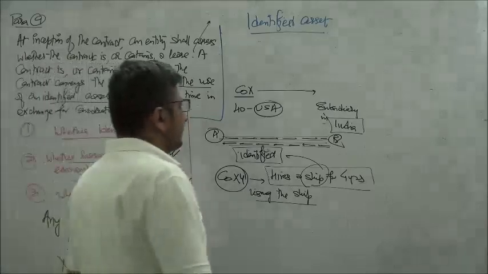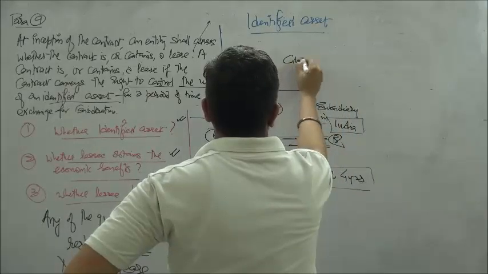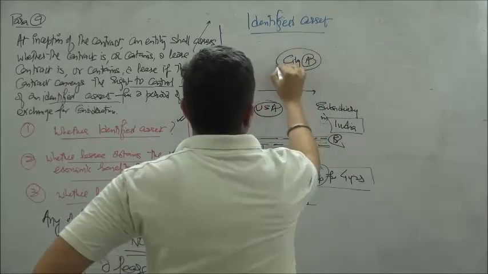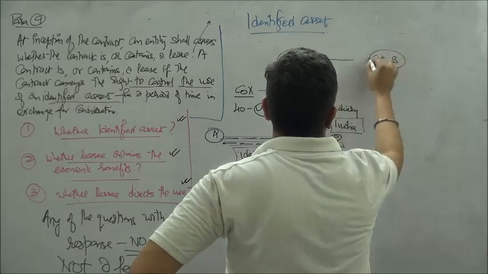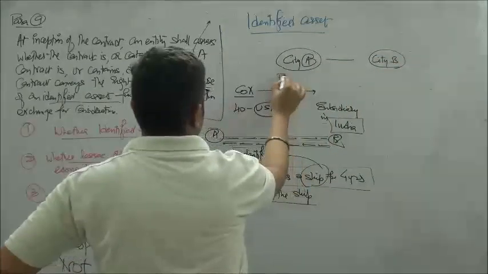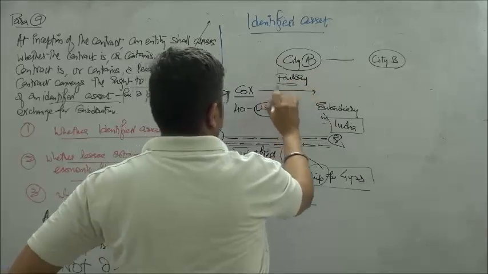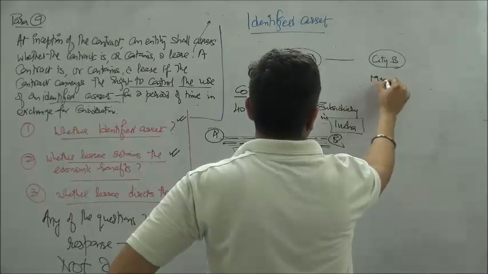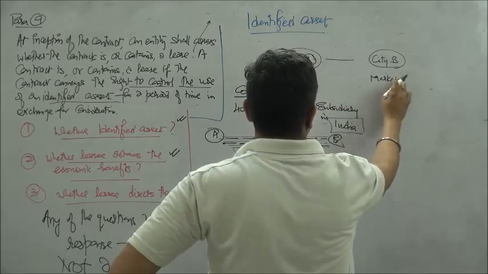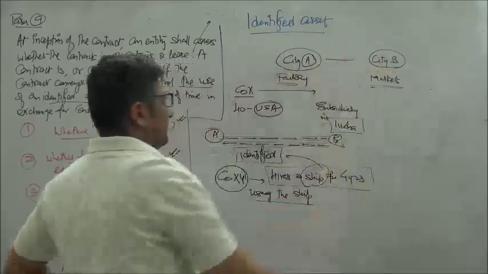If I just use another example, let's say, there is a city A and there is a city B, and you have a factory where production is done at city A, and your customers are based out of city B, right? So this is where you produce, that's where you sell.